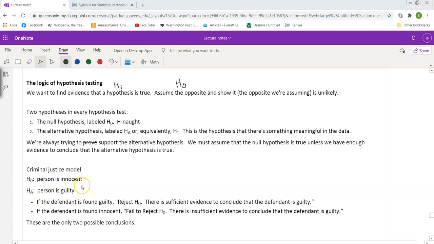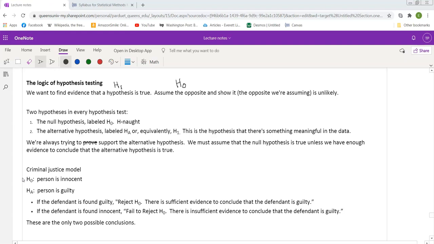Okay? Now, if the defendant is found not guilty, the way we phrase that is not that we ever look for evidence of the null hypothesis. That's not the way this works. There is no burden of proof on the defendant. That's just the nature of it.